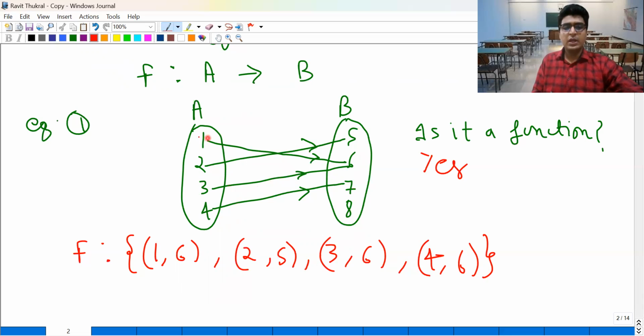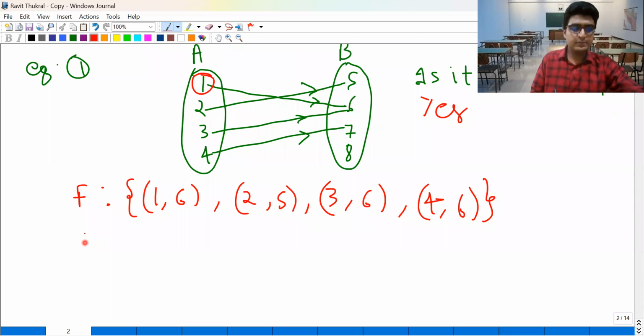For 1, we have a unique element in B. Okay, so for this particular element, we have exactly one association, which is 6. And for 3 also, there is exactly one association. So there is no issue from this side. Okay, we have to check that each of these elements are associated with exactly one element in set B. So that is satisfied.